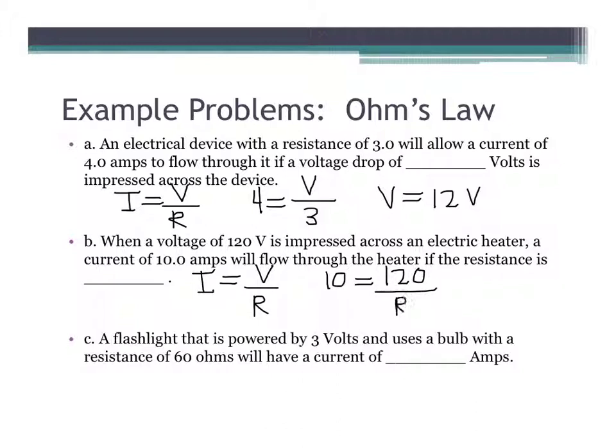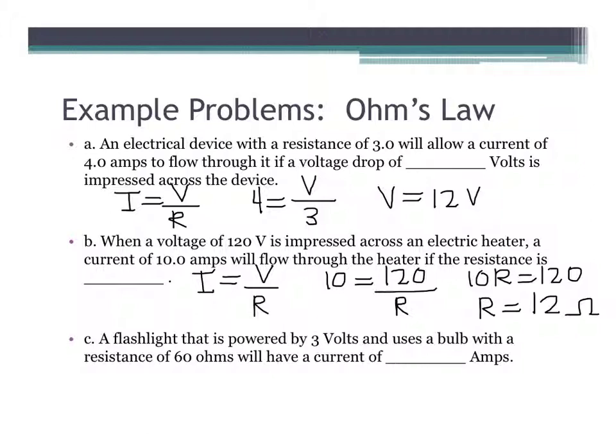And we want to know what the resistance of the heater is. And I get 10R equals 120 by multiplying both sides by R. And then R is equal to, divide both sides by 10, I get 12 ohms.